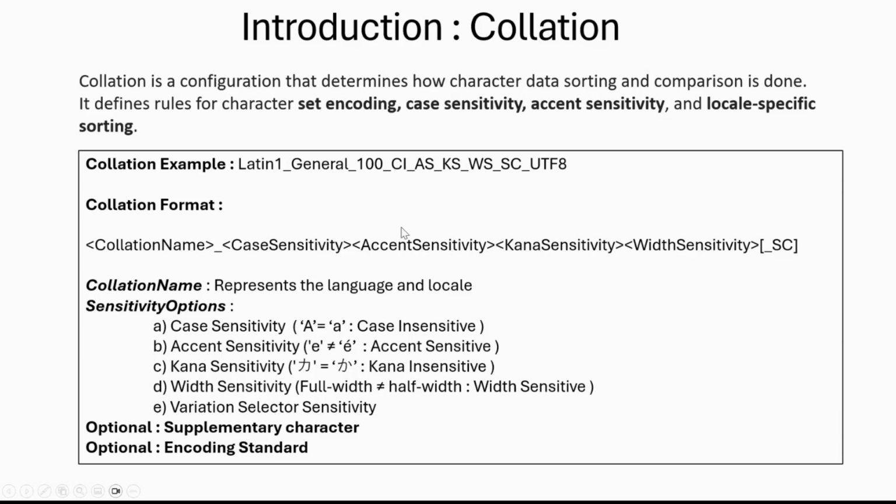Then CI stands for case insensitive. This option can either be case sensitive or case insensitive. CI stands for case insensitive, CS stands for case sensitive. Now what do we mean by case sensitive? If your upper-case characters and lower-case characters are considered the same, then we call it case insensitive. If small a is not equal to capital A, then it is case sensitive.